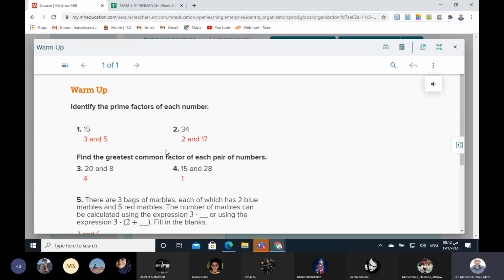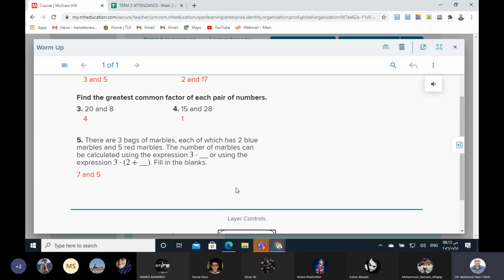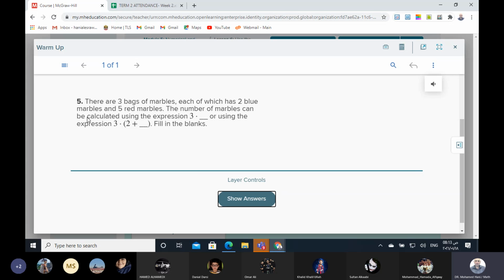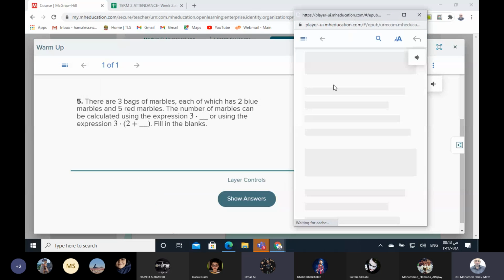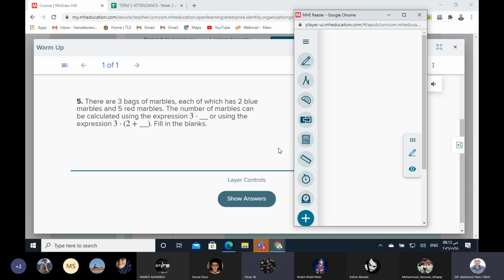Right, let us check. Here 3 and 5, here 2 and 17, here 4, and here 1. Okay. Who can read exercise number 5, please? Okay, Omar. There are 3 bags of marbles, each of which has 2 blue marbles and 5 red marbles.